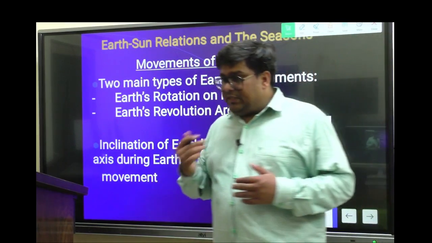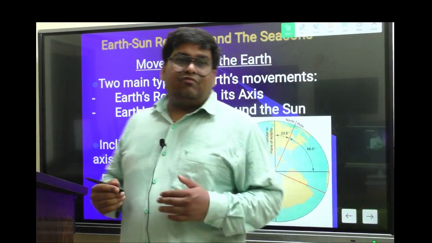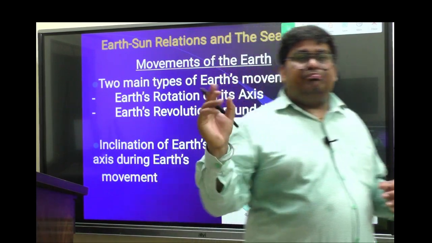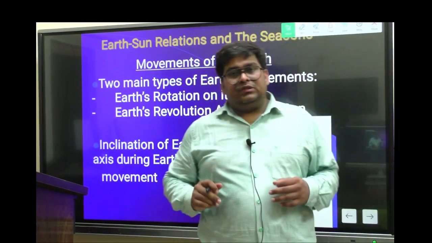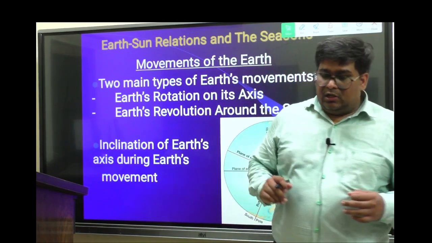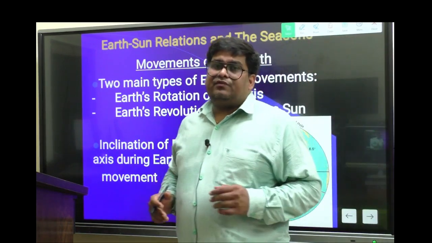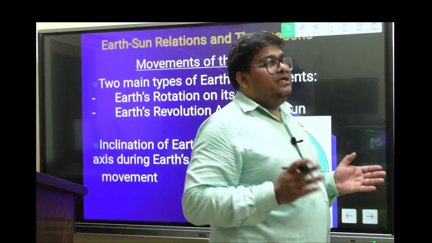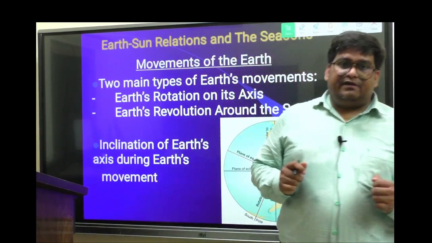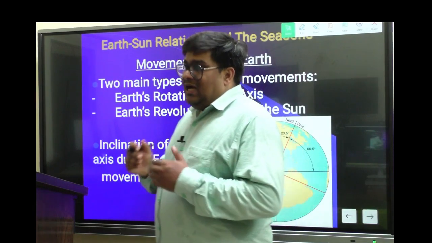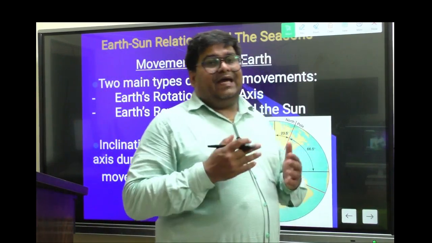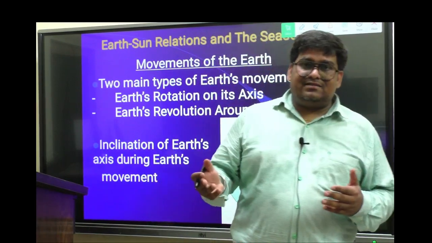As you know, the Earth takes around 365 days and 6 hours to complete one revolution around the Sun. But we generally ignore the 6 hours in calculating one year, so one year roughly has 365 days. After every 4 years we add these 6 hours.